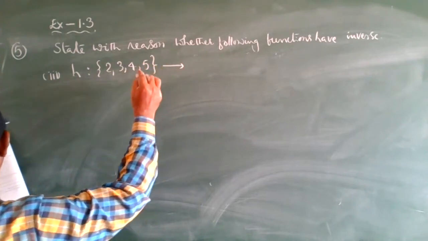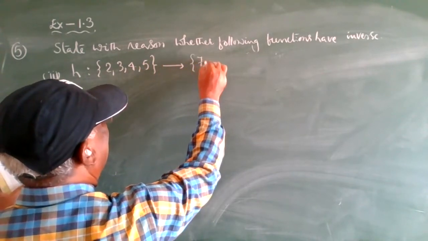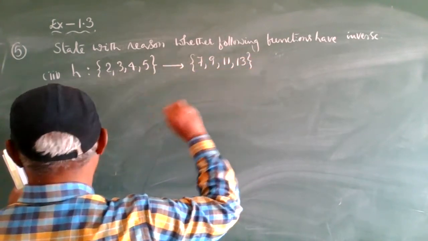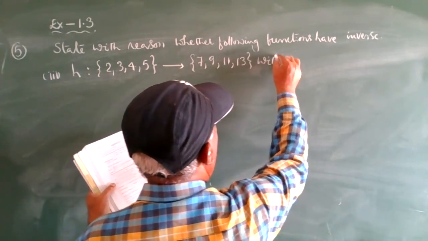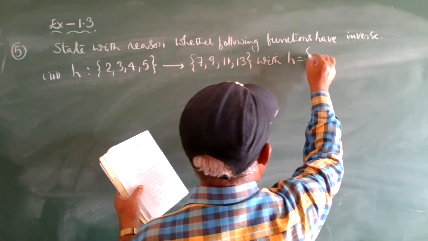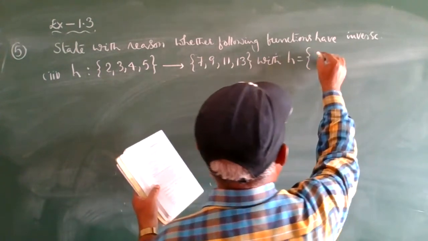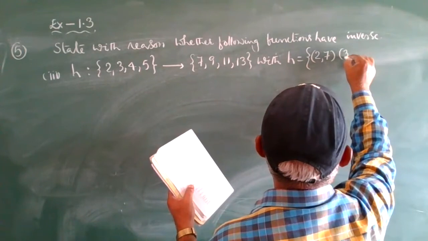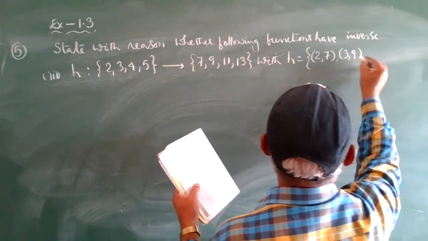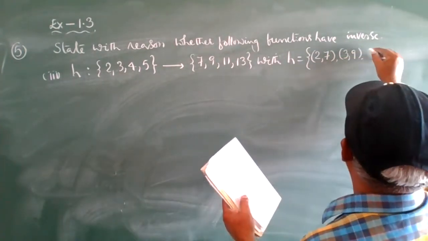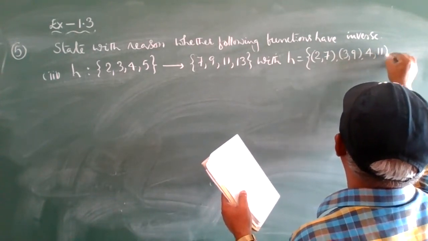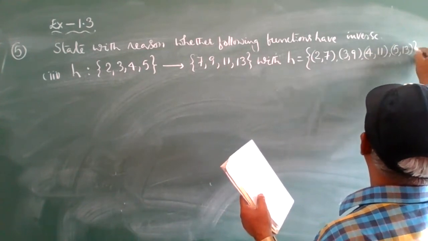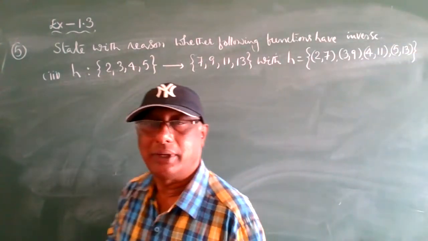Codomain is 7, 9, 11, 13. The h function is given by 2 to 7, 3 to 9, 4 to 11, 5 to 13. Now draw the figure. Everyone draw the figure.